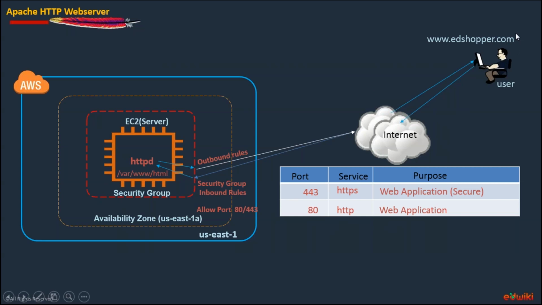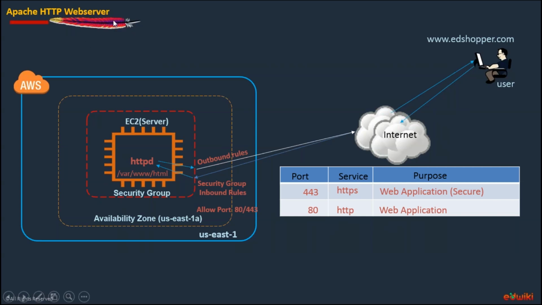So if a website has to be working, you need to install the Apache HTTP web server software. Apache HTTP web server is an open source application that you can install and set up.